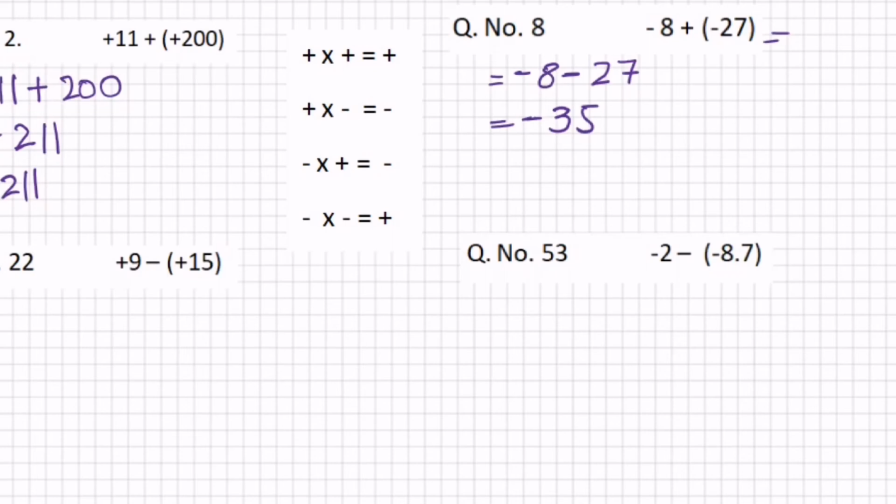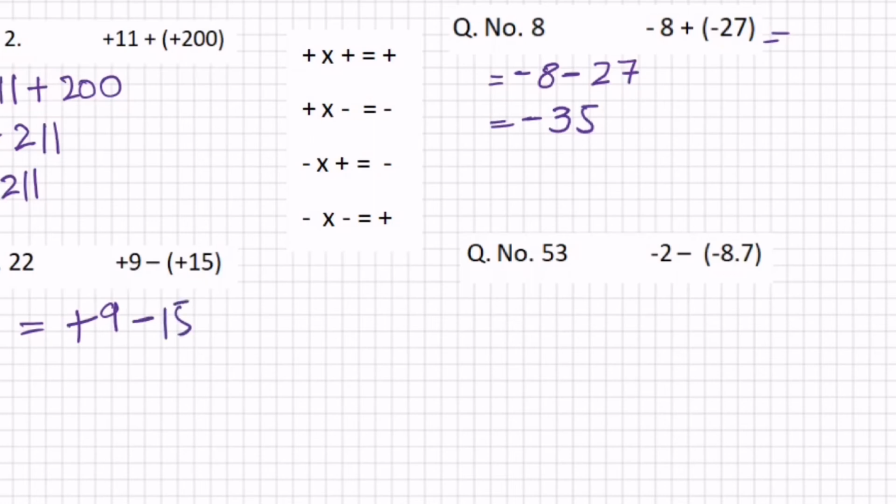Now look here, the next question is plus 9 minus into plus 15. So minus into plus is equal to minus. So I am writing here plus 9, and minus into plus, minus 15.